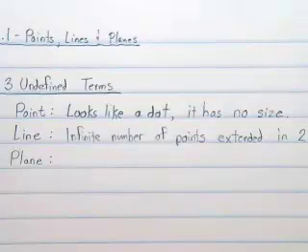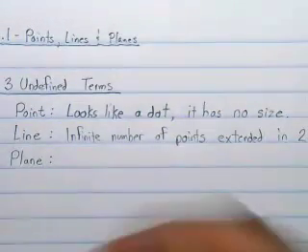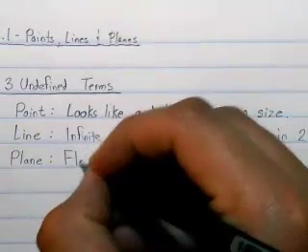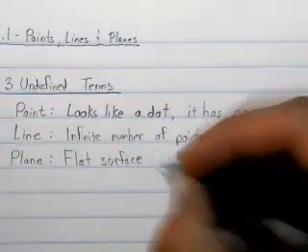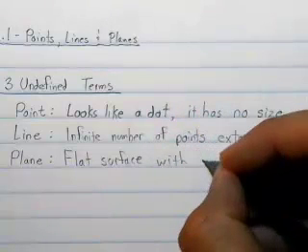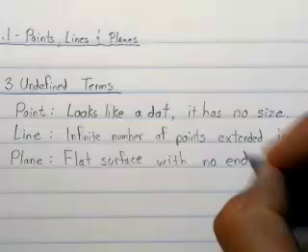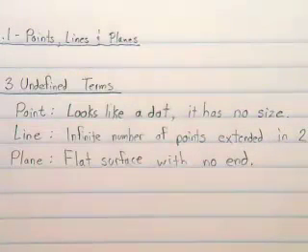So it's like a giant flat surface with no end. I think that's probably the best way to describe it. So it's a flat surface with no end. Just keeps going.